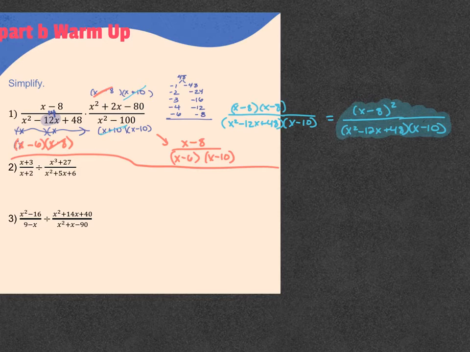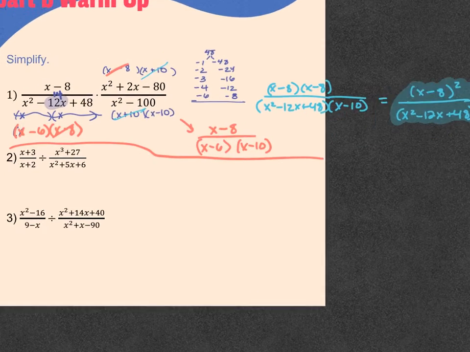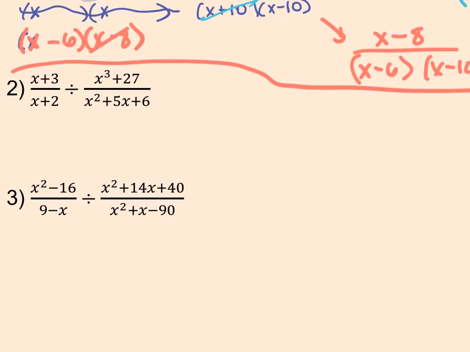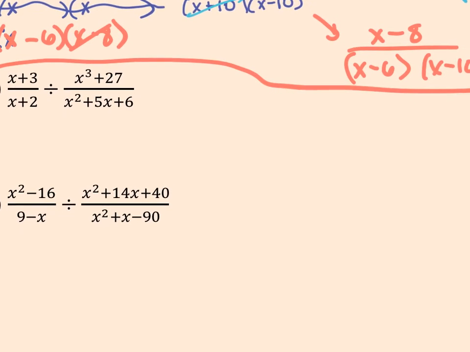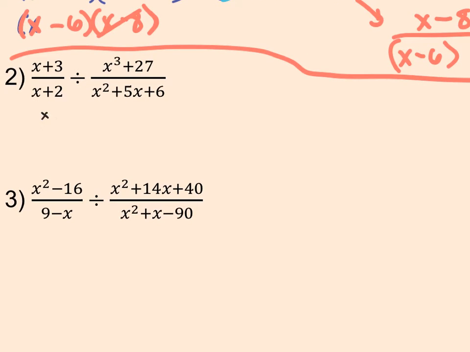Okay, so then number 2, this is division. So keep, change, flip. I flip it before I factor it, but you don't have to. So I'm going to do x plus 3 over x plus 2 times x squared plus 5x plus 6 over x to the third plus 27. Left side is already reduced. It can't be factored.